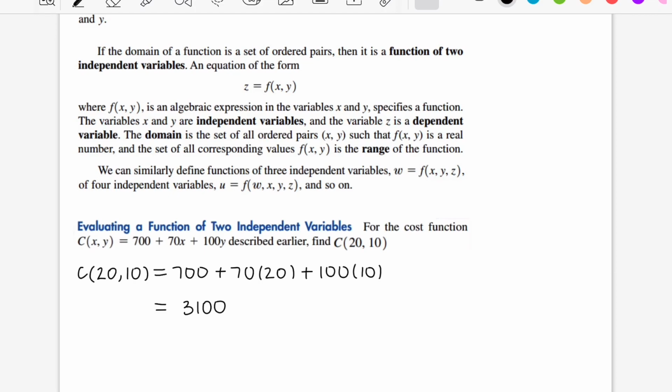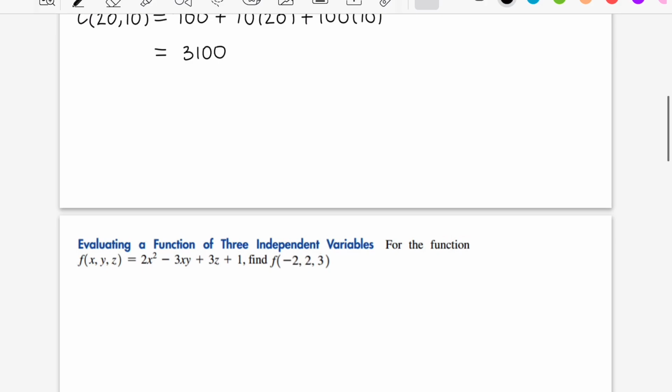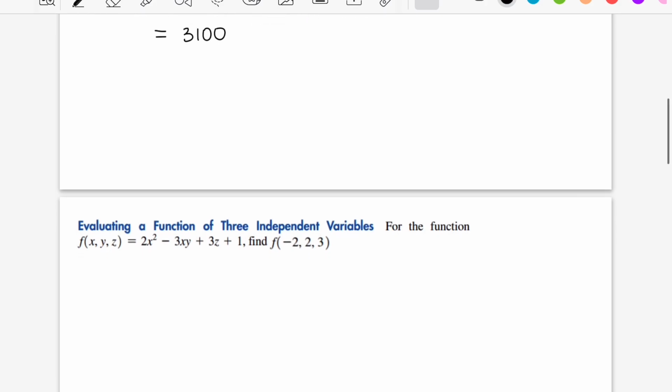Let's look at another example. We're going to evaluate a function of now 3 independent variables. So for this guy, we'll do the same thing here. We're given a function that's dependent on 3 variables, x, y, and z. And we want to evaluate this when x is equal to -2, y is equal to 2, and z is equal to 3. So we'll plug these values into our function here.